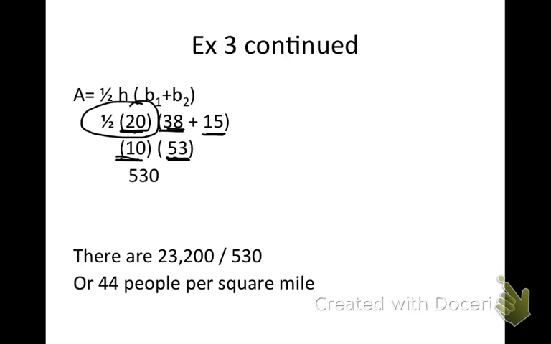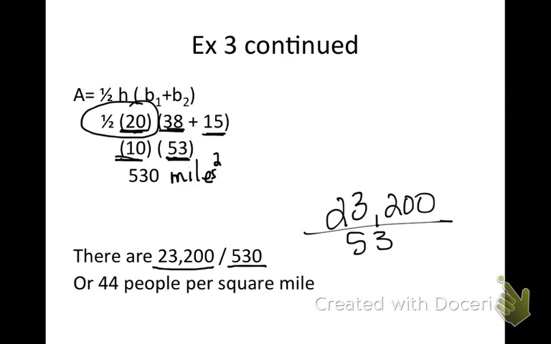Because my math is easier, 10 times 53 is 530 square miles. So I could write miles with a little 2 up there, say square. So there are 23,200 people in 530 square miles. You can just do the division there, and that would give you about 44 people per square mile.